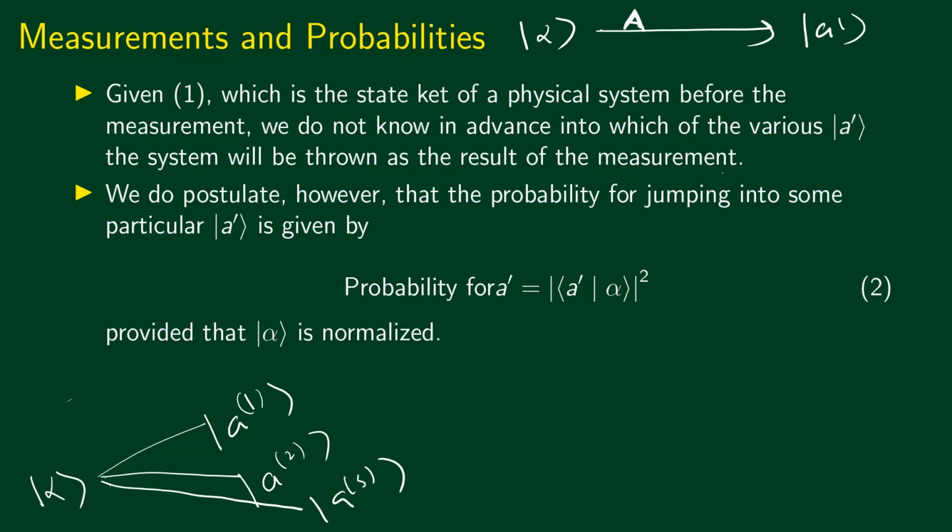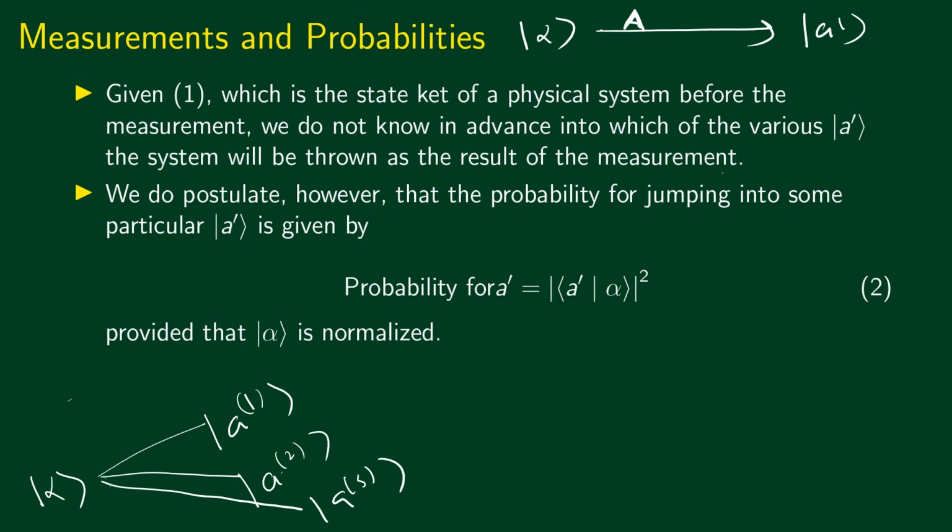But there's something more that quantum mechanics says. There's a postulate which gives us the probability that ket alpha will reduce to either ket A1 or ket A2 or ket A3. So quantum mechanics allows us to calculate the probabilities of these jumps, or the probability for measuring certain eigenvalues.